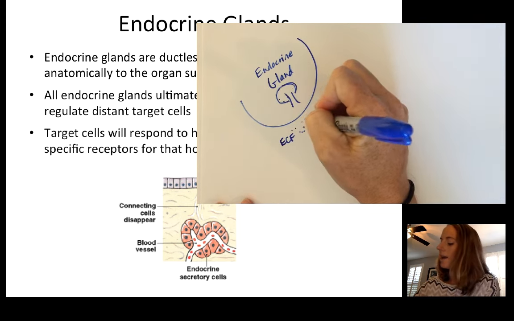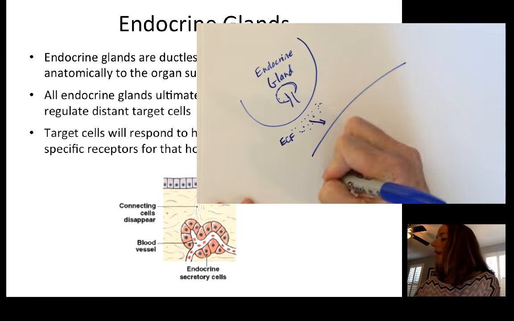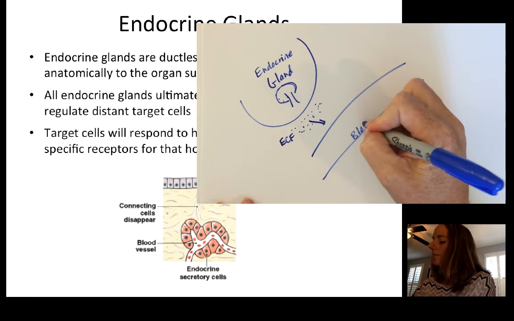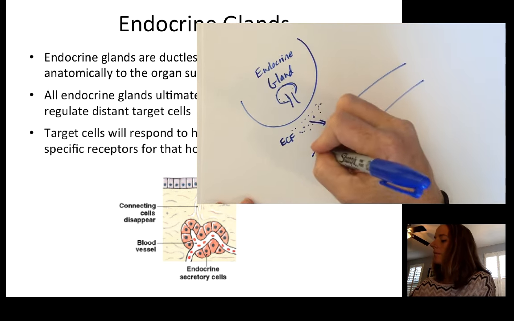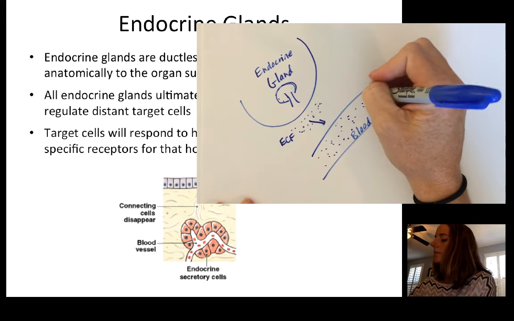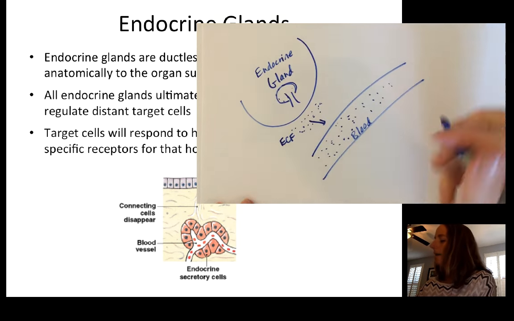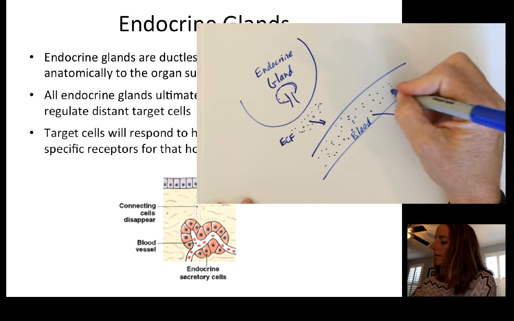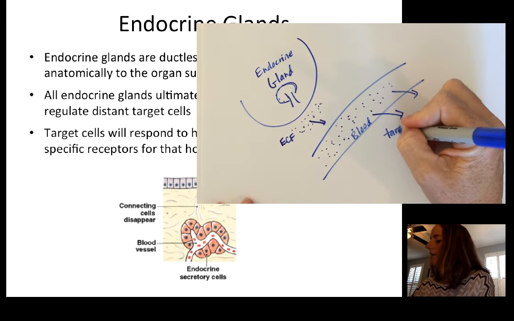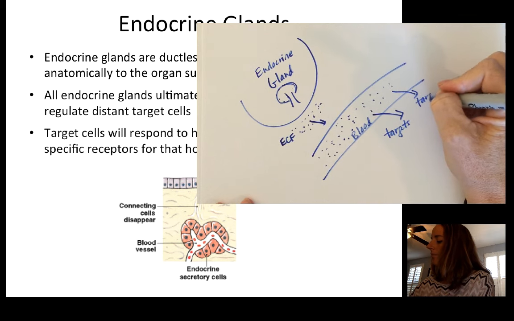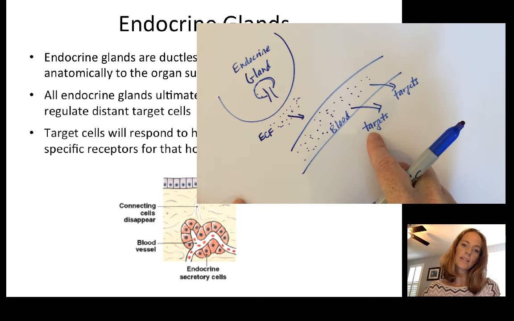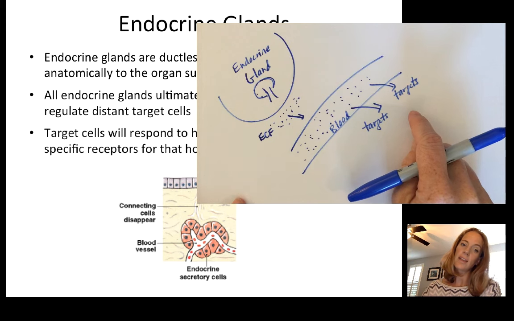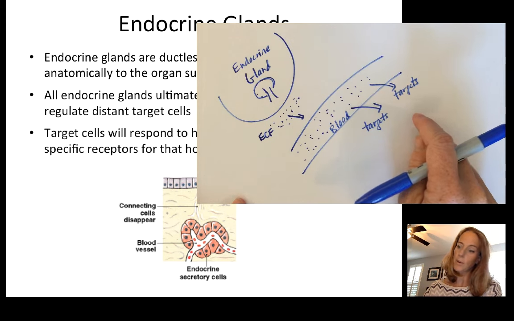And then nearby, that hormone will be picked up by the blood. So it's going to enter into the blood, these various chemical hormones, and they will travel through the blood, reaching various targets. We're going to talk today about how target cells respond to hormones and how non-target cells can avoid responding to hormones.